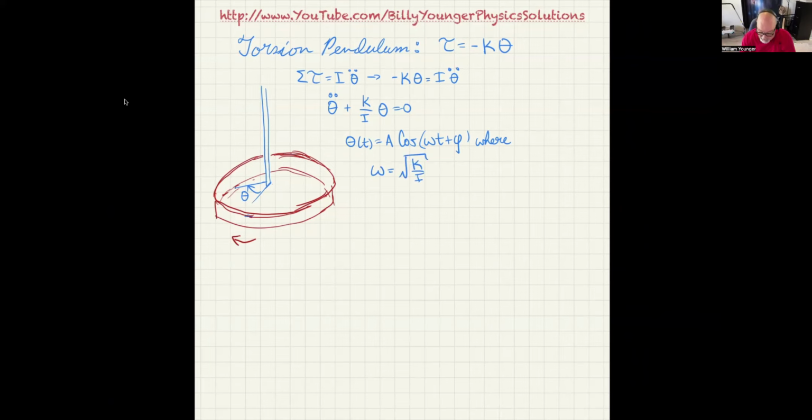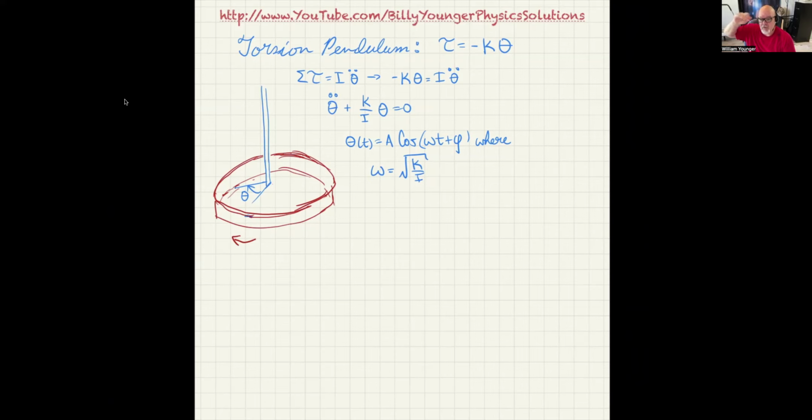So again, we can get all the stuff we had before, but we now can do it instead of just for a simple mass on a spring horizontally. We could also do it for a physical pendulum, a simple pendulum, a torsion pendulum. You can also do it, by the way, for a mass on a spring that's hanging vertically.